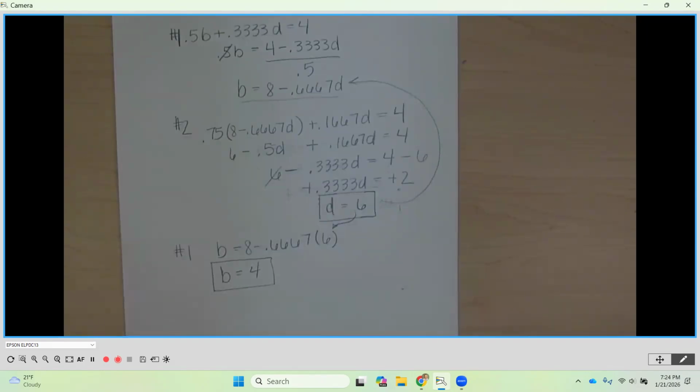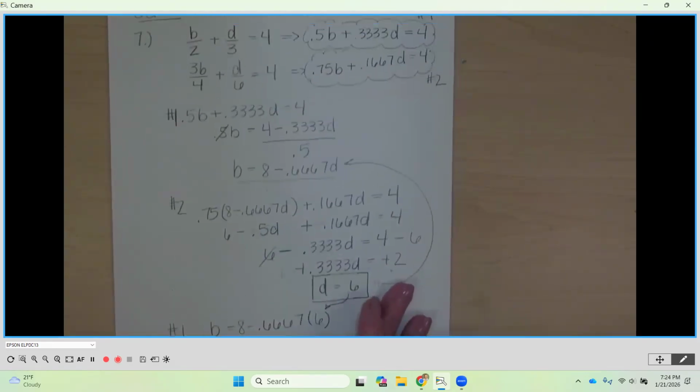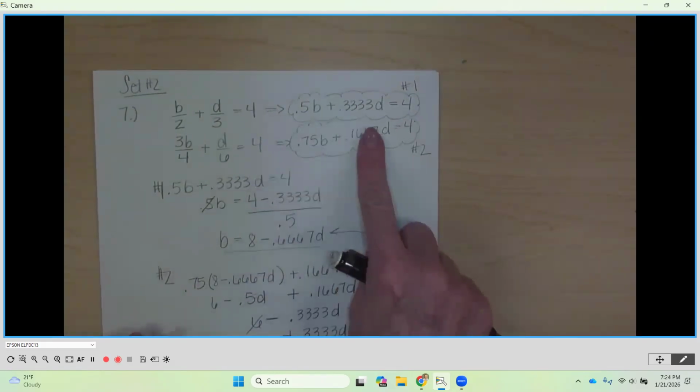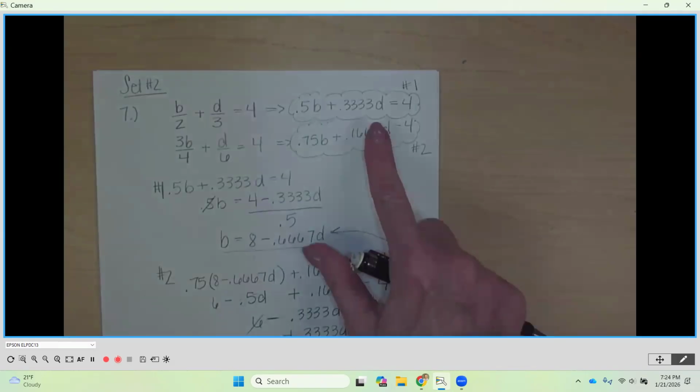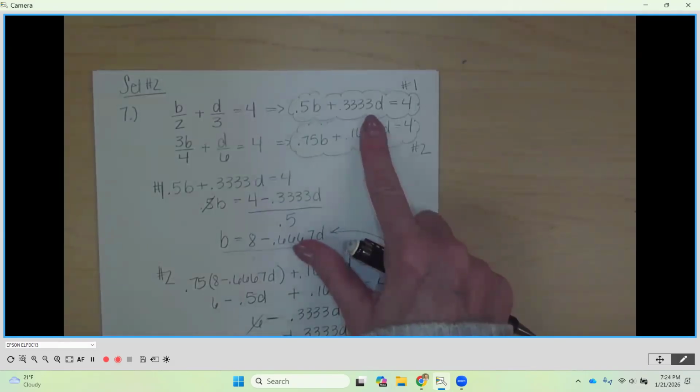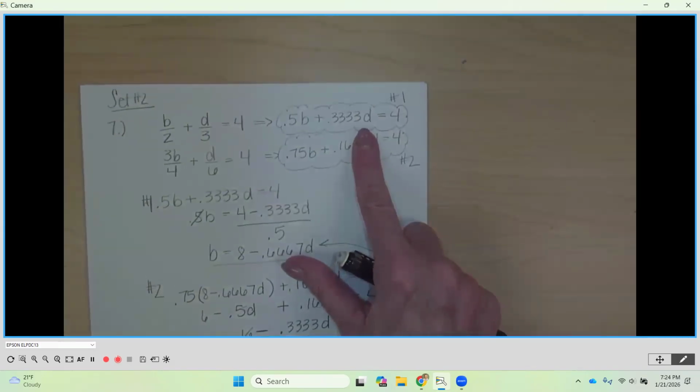Okay. So now we want to check. All right. If we go back up to either one of these original equations and we plug in our values. Okay. So for instance, if we take 0.5 times 4, we would get 2, right? And then if we take 1/3 of 6, D was 6, 1/3 of 6, that's going to be 2.